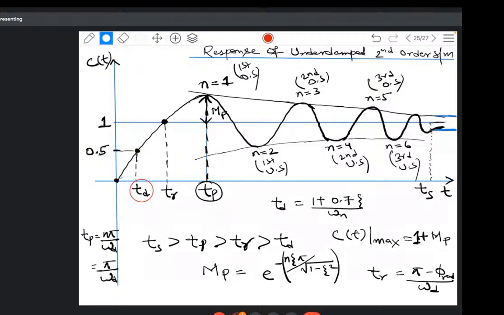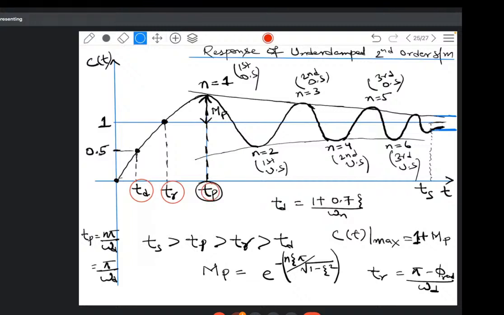What was TR? TR was rise time. Rise time is the time taken by the response of a second order underdamped system to reach from 0 to 100% of the steady state value of output. What was peak time?